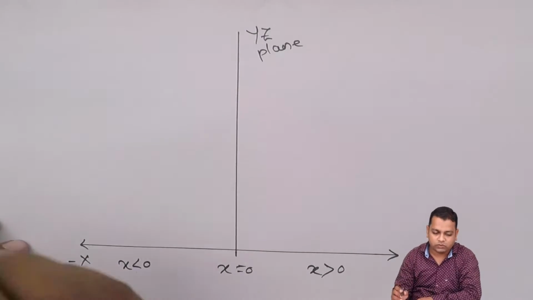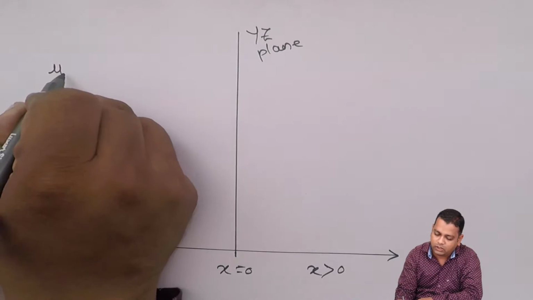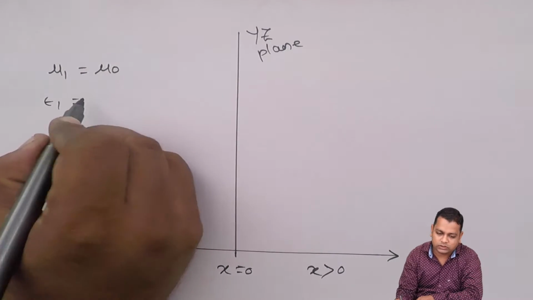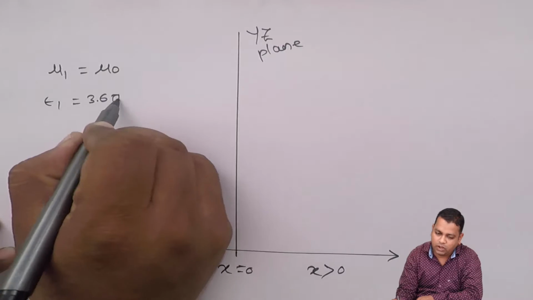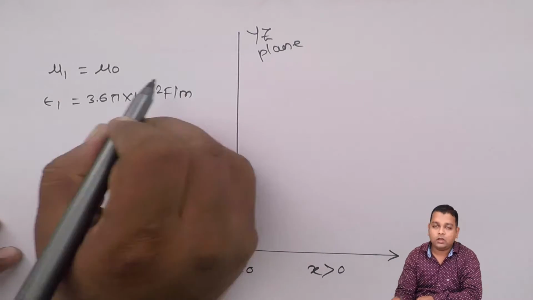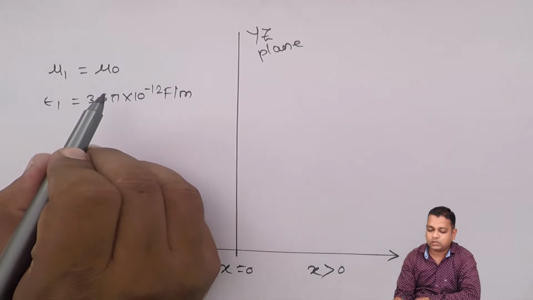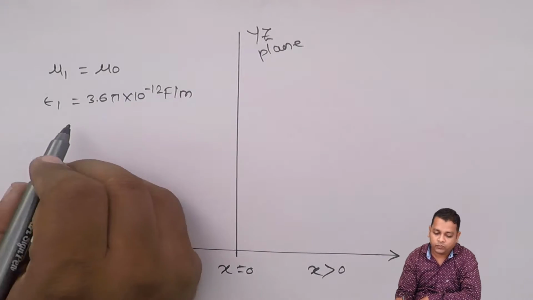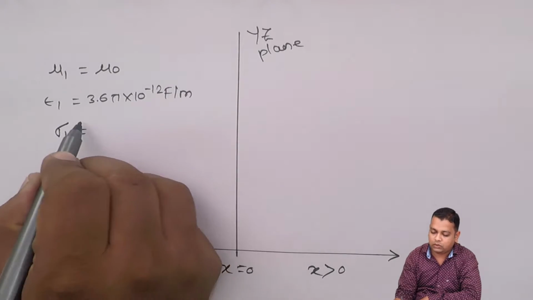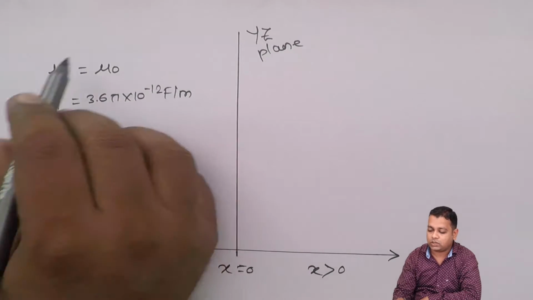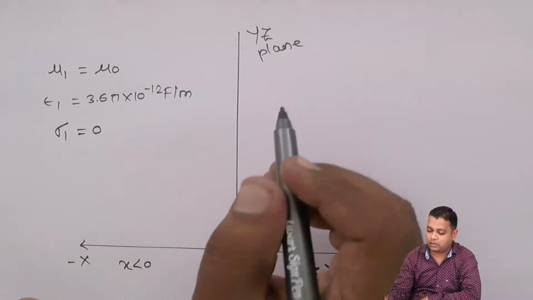So this is for region 1. We have the permeability, that is mu1 is equal to mu0. Epsilon 1 is given by 3.6 pi into 10 raised to power minus 12 farad per meter. Mu0 is the constant term, that is known, 4 pi into 10 raised to power minus 7 Henry per meter. Along with the conductivity into the region 1 or medium 1, we can say it is equal to 0 for the region being the perfect dielectric.